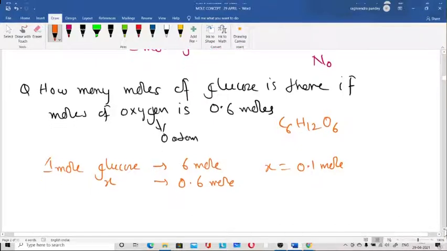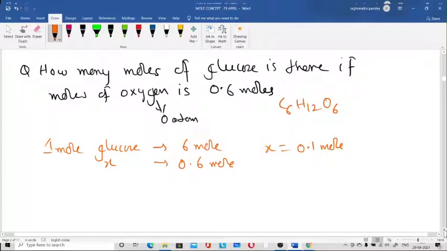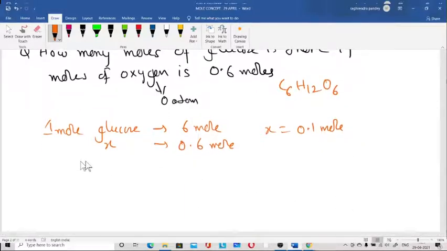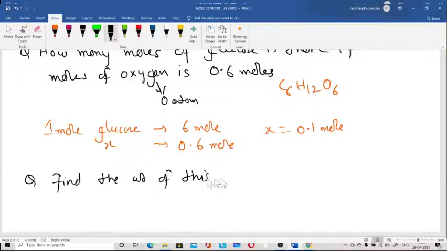Now in this question, they can also say find the weight of this glucose. This glucose means 0.1 mole glucose.